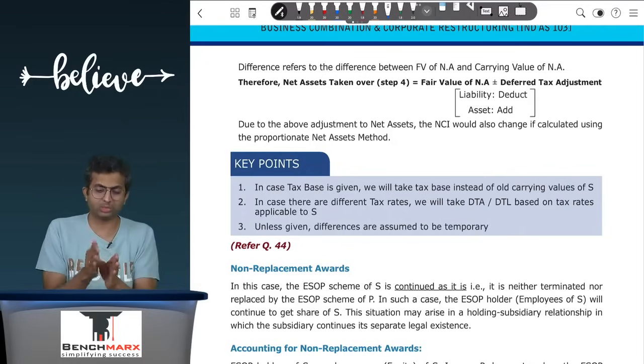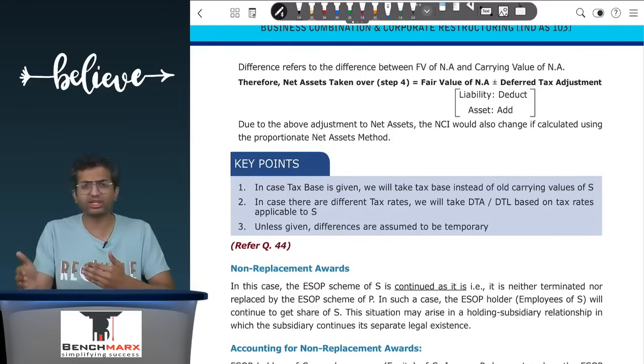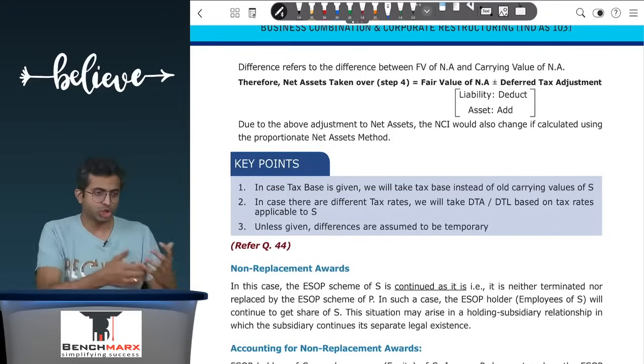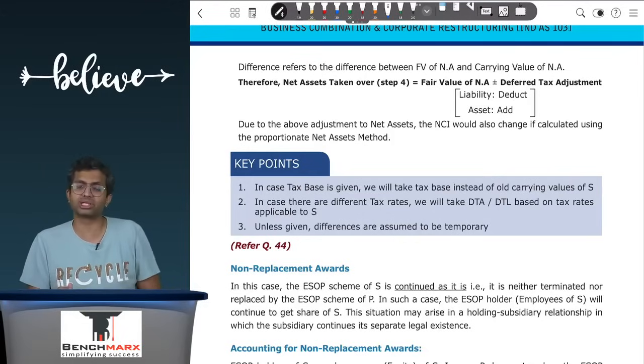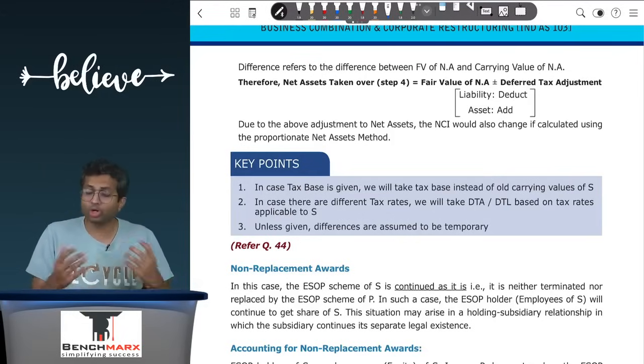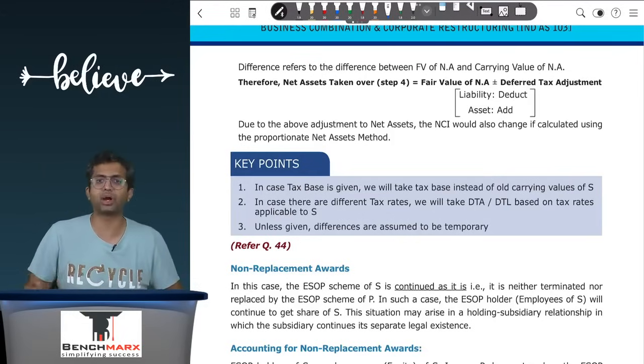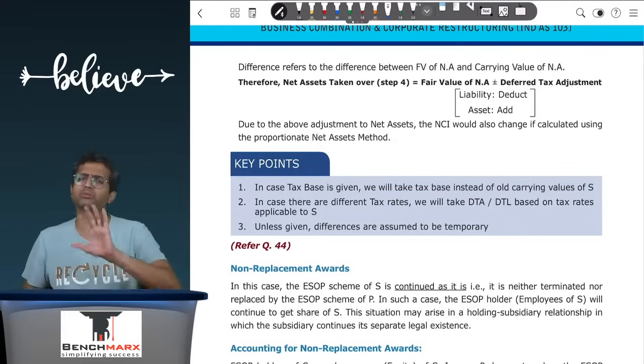In case of a non-replacement award, it is like owners of the selling company, that is ESOP holders, who do not agree to get options or shares of the new purchasing company. So these are owners of the selling company which are not going to be acquired, so they will be a part of NCI. Now, how will you calculate this as a part of NCI? The same working.